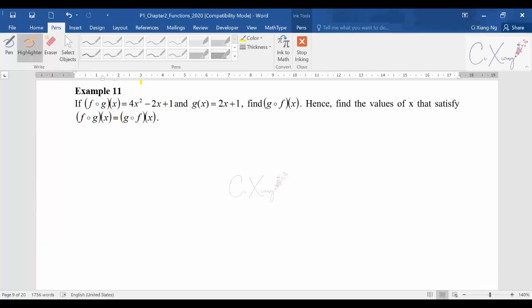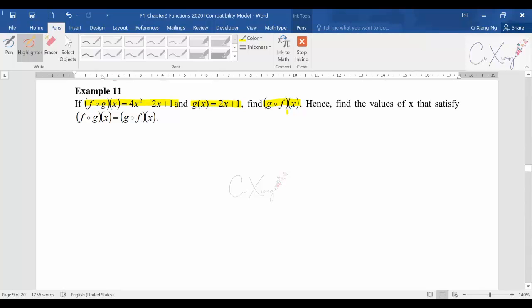So in example 11 here, they give you a composite function. They give you g(x), and they want you to find g composite f. Now the problem is I have g(x), I don't have f(x).